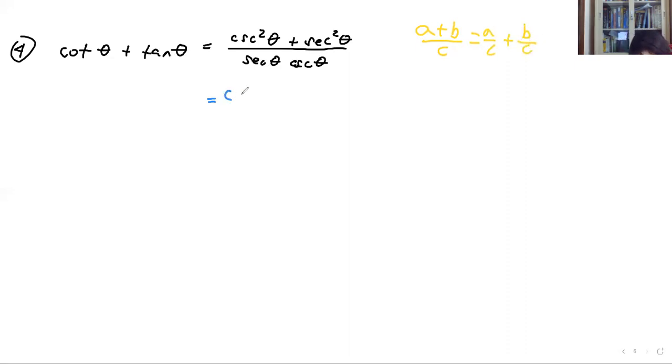So we get cosecant squared theta over secant theta cosecant theta plus secant squared theta over secant theta cosecant theta. Here there's a cosecant squared theta, which is cosecant theta times cosecant theta. Let's cancel this, so it will just be cosecant theta.